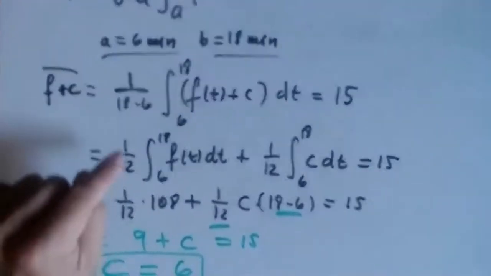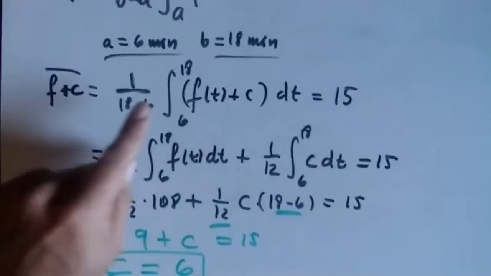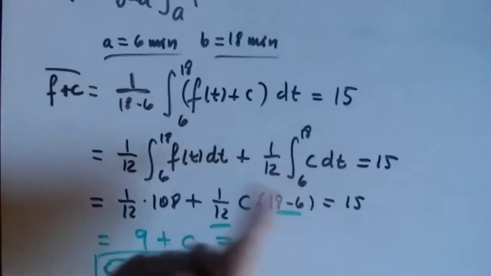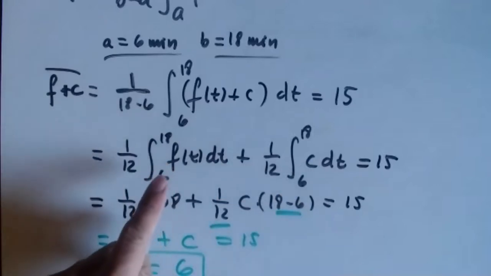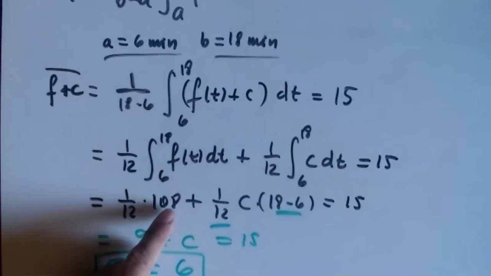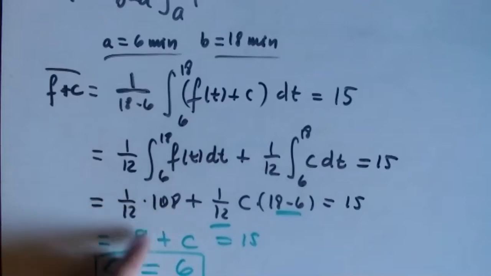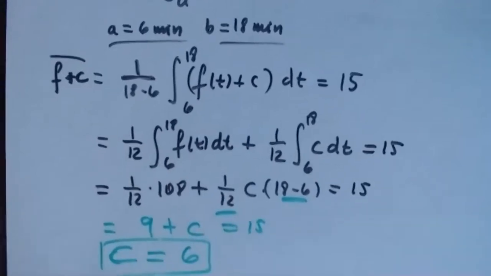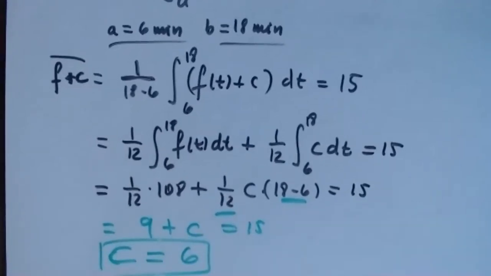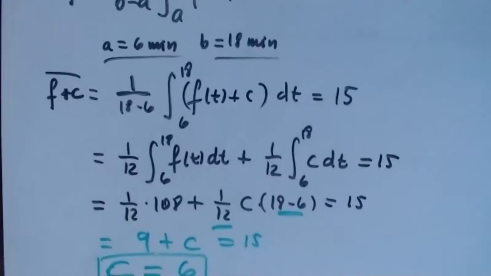So I solve, and I split the integral. From 6 to 18, this integral is the one I calculated in the previous question, 108 divided by 12 is 9. This is 12 over 12, c. And if I solve this equation, c is 6. Okay.